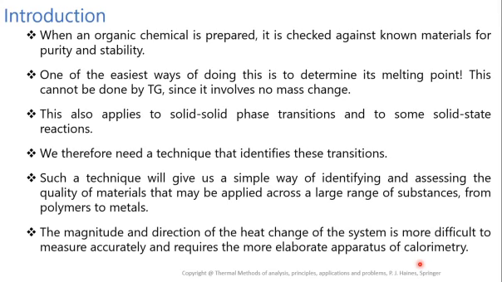Along with the transition from solid to liquid, there are other transitions, such as solid to solid transitions, and this kind of transition will identify that particular compound. So we need some technique for this, and by using it we identify the quality of materials and analyze various kinds of materials such as polymers and metals.